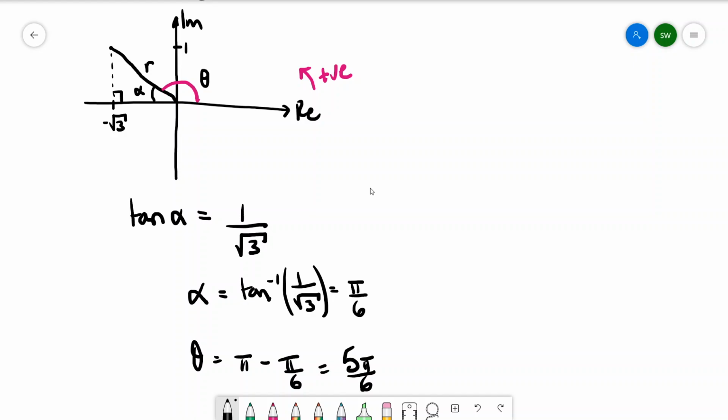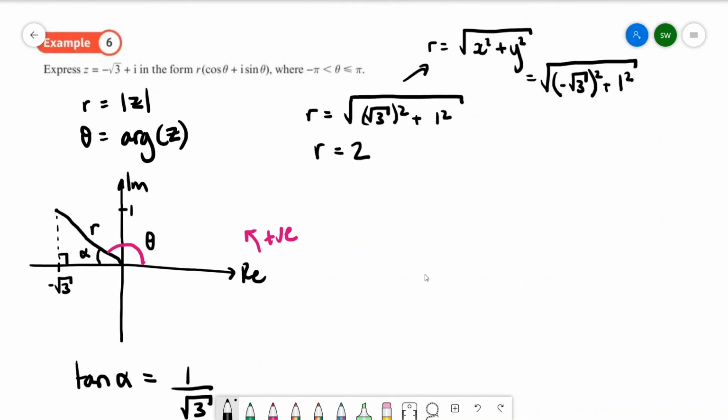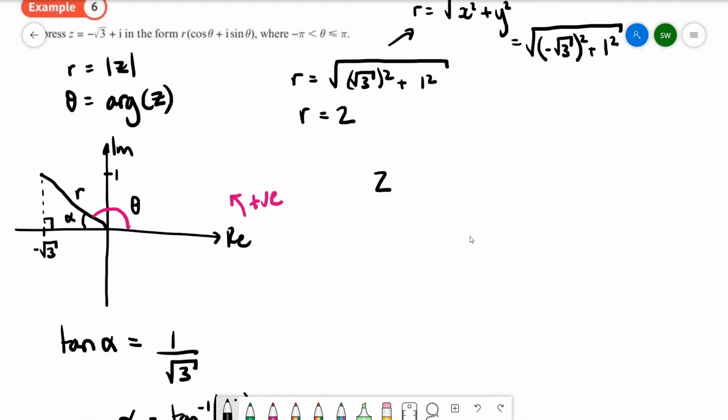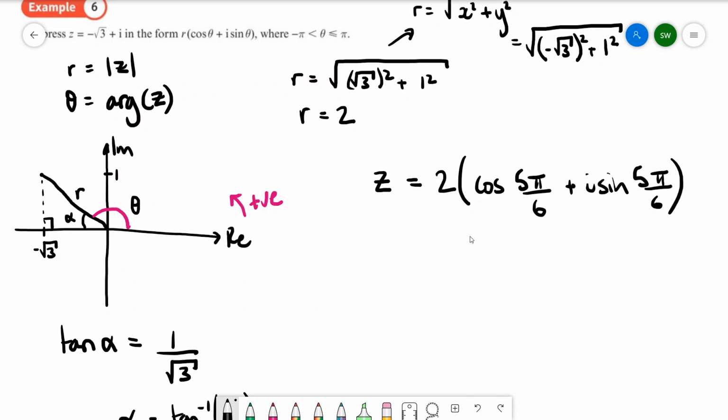And then we just check it is positive, so we don't need to make it negative because we've moved in the positive direction. So that tells us that theta is 5 pi over 6, so we can write z in modulus argument form. So z is equal to 2 cos 5 pi over 6 plus i sine 5 pi over 6. Now the reason why that works is because we're basically saying that if we expand this, then we have 2 cos 5 pi over 6 plus i times 2 sine 5 pi over 6.